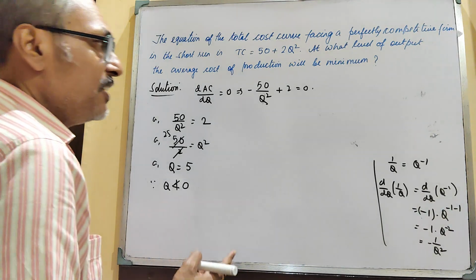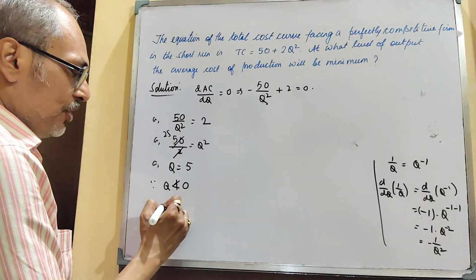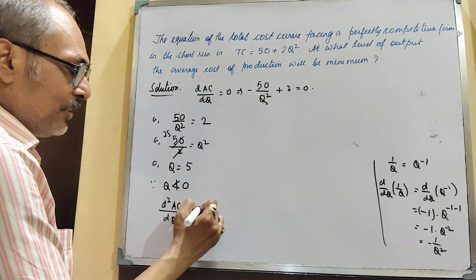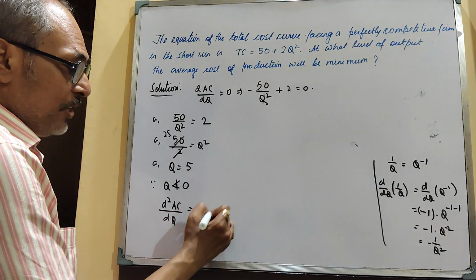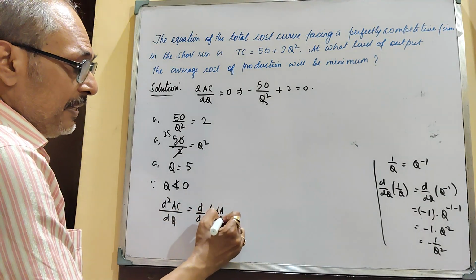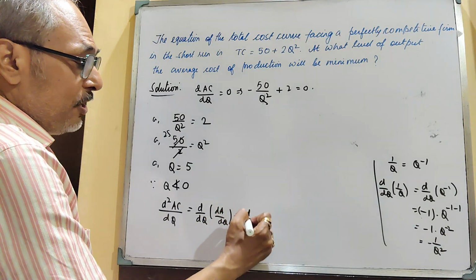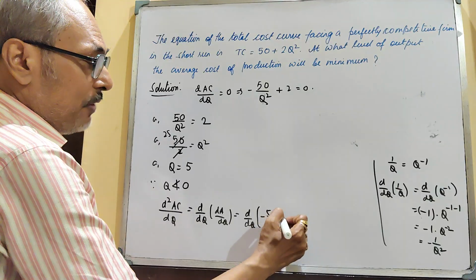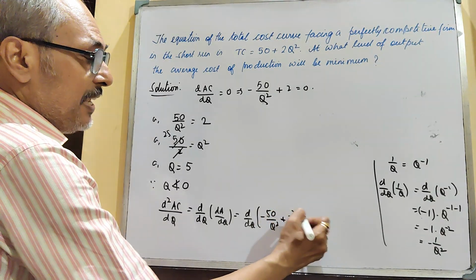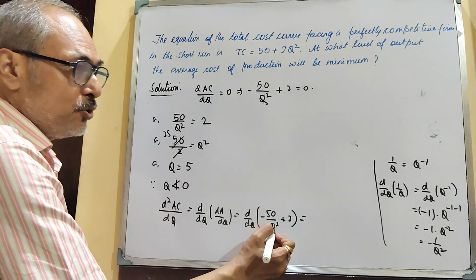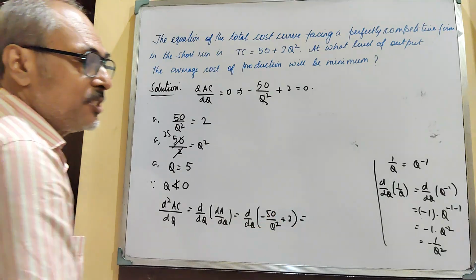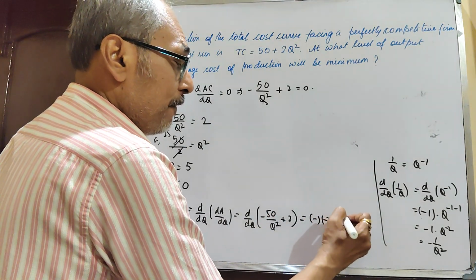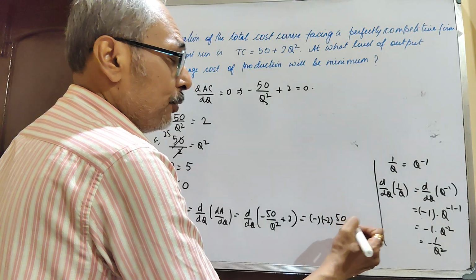Now we check the SOC, the second order condition. That is, we differentiate AC with respect to Q a second time. d by dQ of dAC by dQ, which is d by dQ of minus 50 by Q squared plus 2. Again, this is minus 2, Q to the power minus 3. Therefore this is minus into minus 2, 50 by Q cubed.